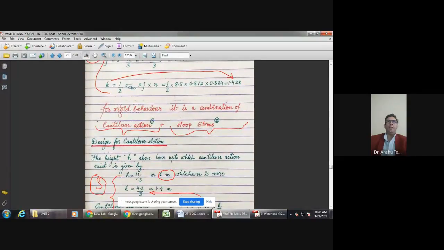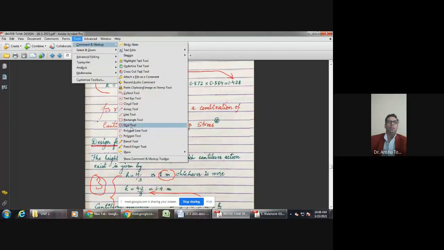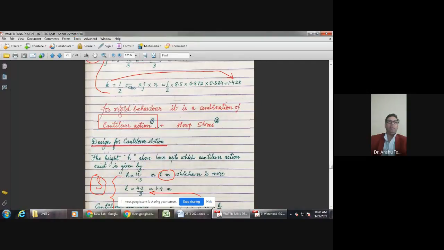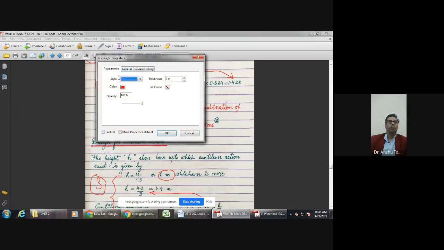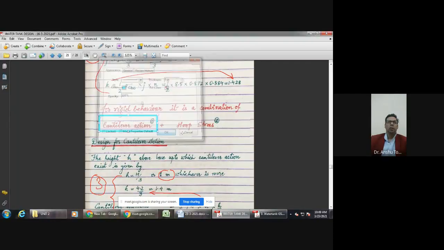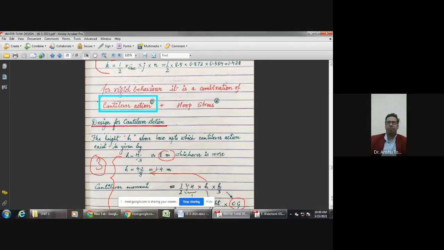For one, we have already done. For cantilever action, we have designed the reinforcement. What is left? It is hoop stress which is left, which has to be provided for H minus h, the height left beyond the cantilever action height.